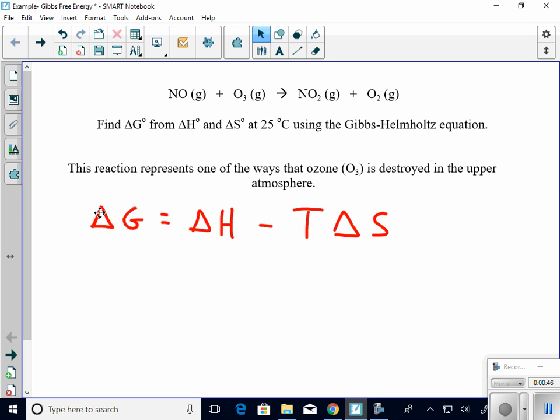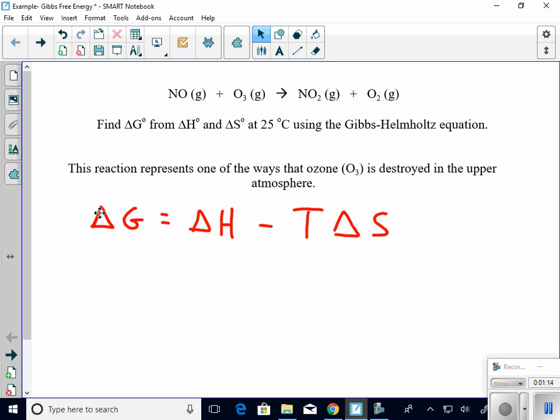So to do this specific problem using that equation, we are calculating the change in enthalpy, the change in entropy, and the temperature, but that temperature has to be in Kelvin.